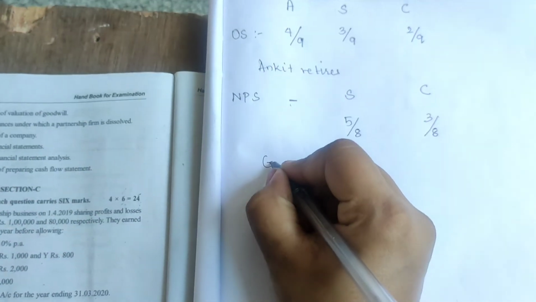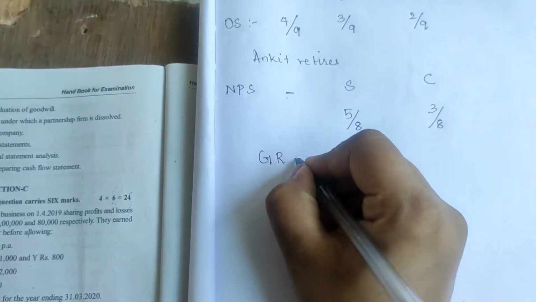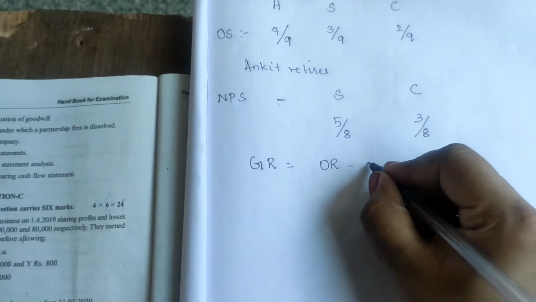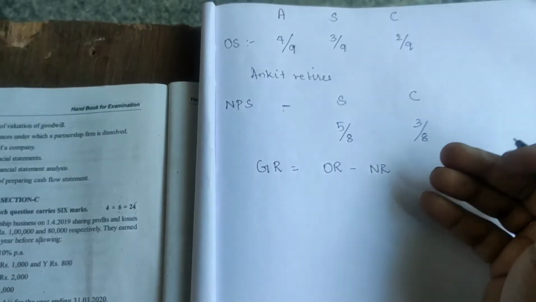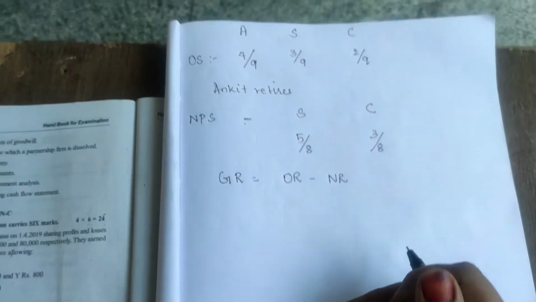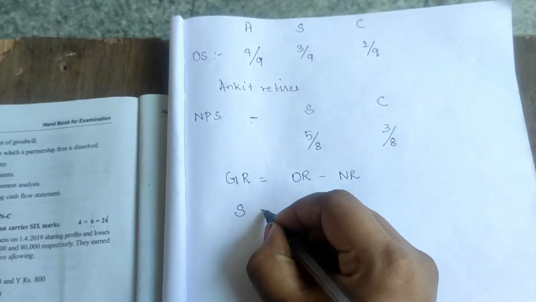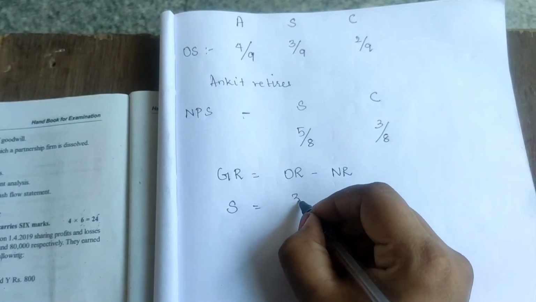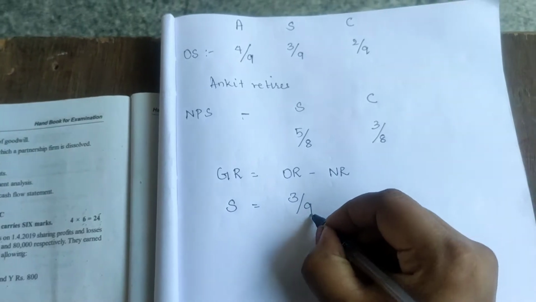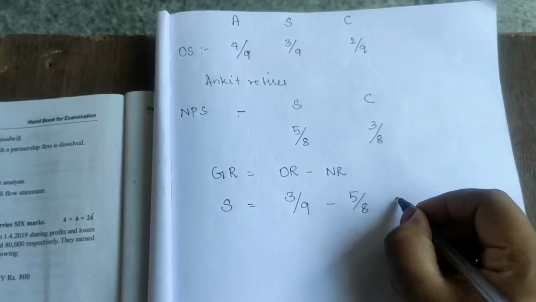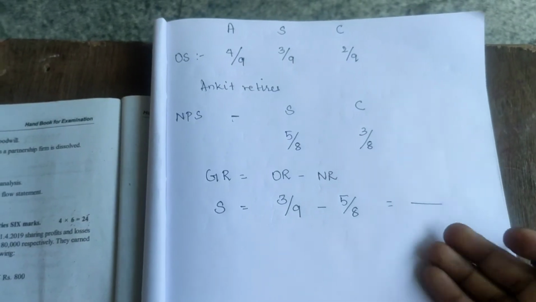Now gain ratio formula is equals to new ratio minus old ratio. So now we are going to calculate Suchit's, which is 5/8 new ratio minus 3/9 old ratio is equals to what?